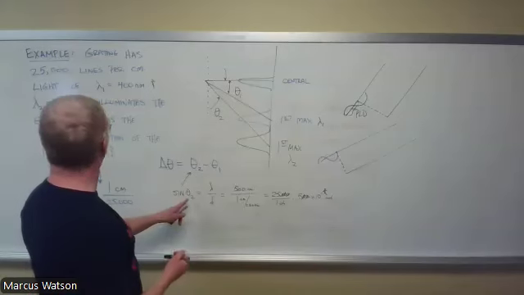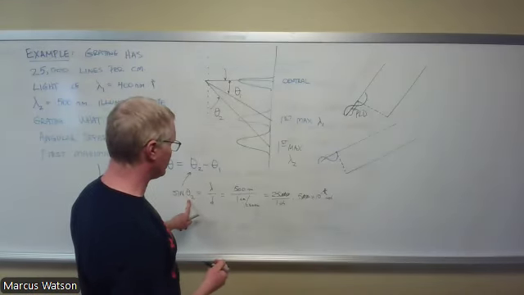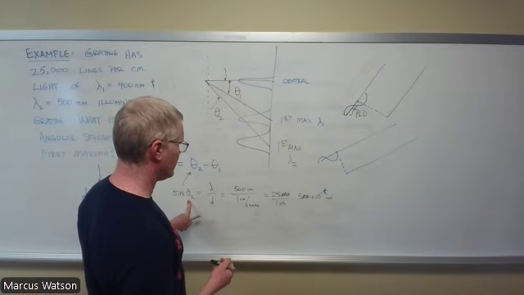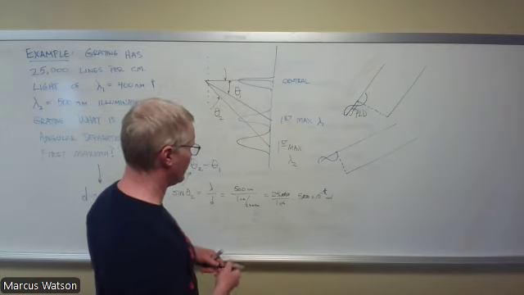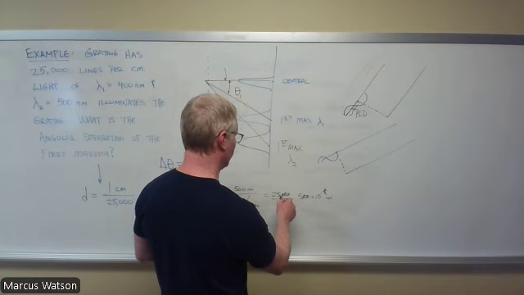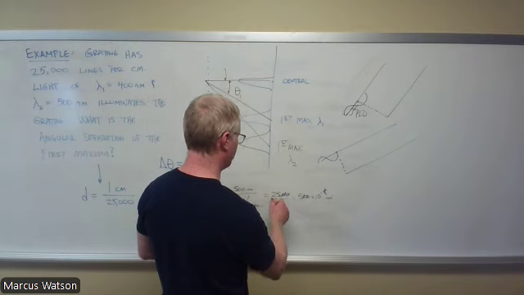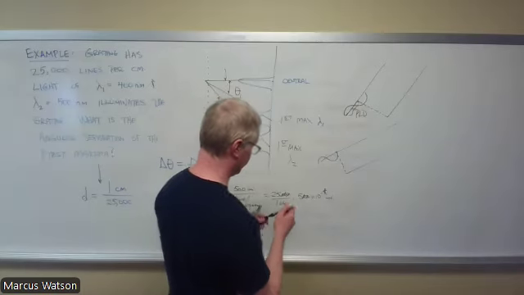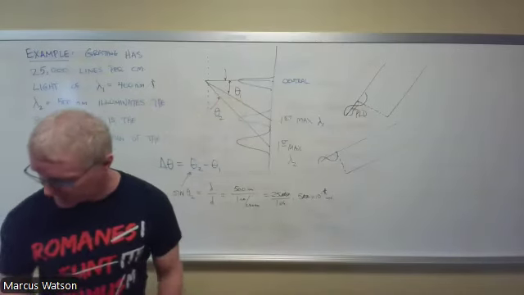Oh yeah, no, that's right. 500 nanometers times 10 to the minus 9 meters. Huh. Oh well, I don't see it right away. What did I get wrong here? 7, 6, 5, 4, 3, 2. Well, I don't see it. If you see it, let me know.